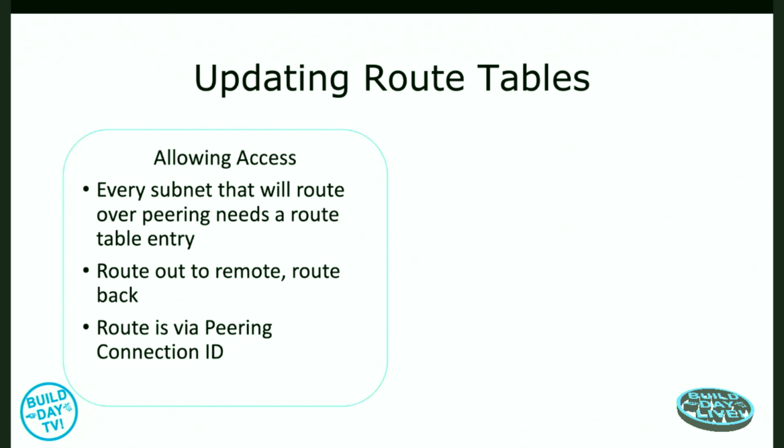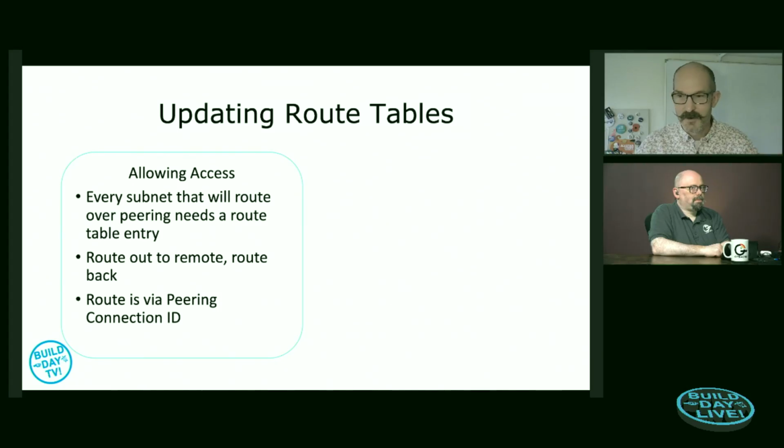Every subnet that's going to access something on the other side of the peering connection needs a route through that peering connection to the other side. Okay. And then the other side needs a route back again, because you've got to send the request out and the answer's got to come back. So you need route tables on both sides changed before connectivity is established.